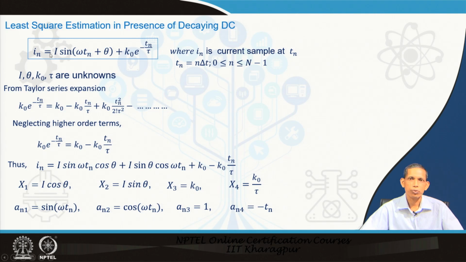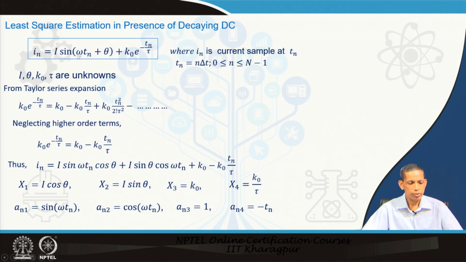So, we can model the fault signal with a decaying DC component and a sinusoidal component, as you see. Now, in this case I, theta, k naught and tau are the unknowns in this signal which need to be estimated to get the fundamental. Our target here is to get the fundamental component correctly.